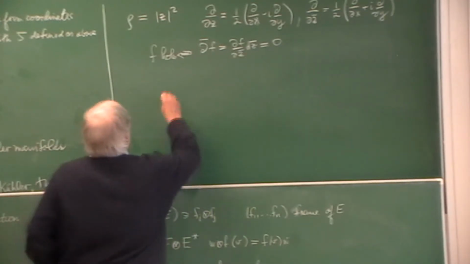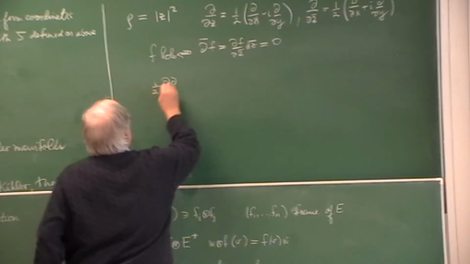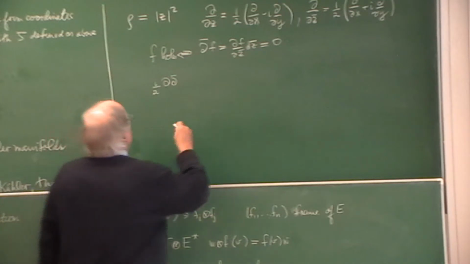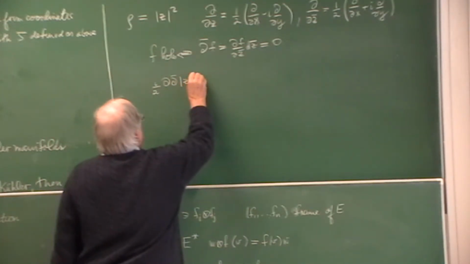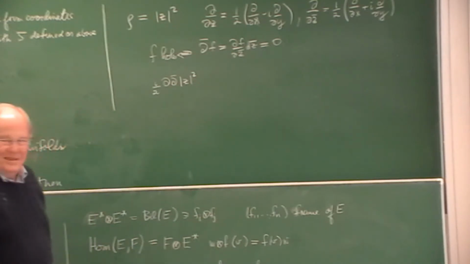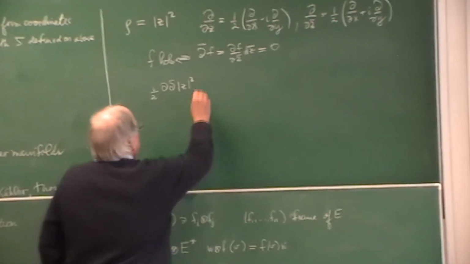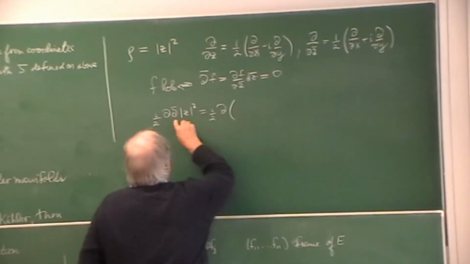And now let's see what dd bar does. I'm going to make this thing real. It's important to make this real. So i over 2 dd bar of norm z squared. This is just some fun. Let's compute this. This is i over 2 d of d bar of this thing.